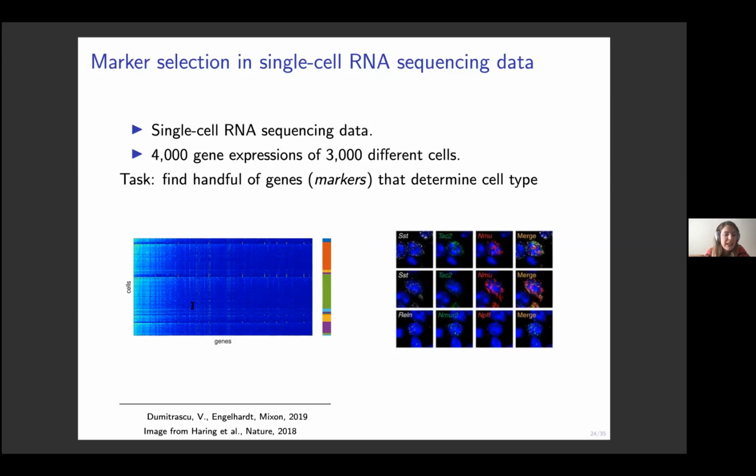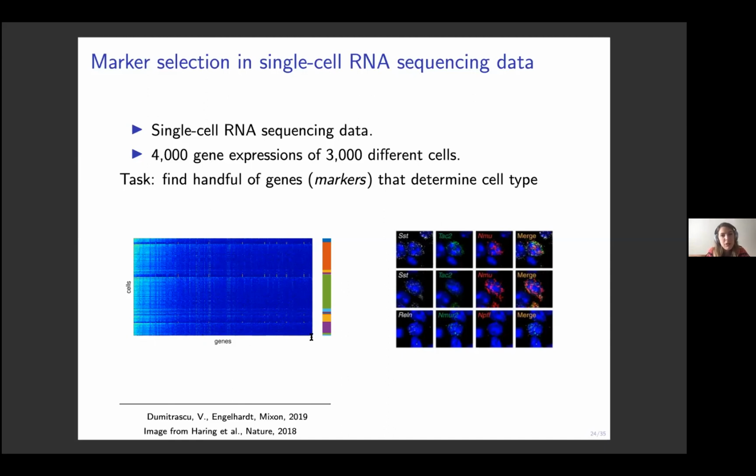Finding the markers that determine the cell type means looking for a projection to a small dimensional space, where you know that the projection consists of selecting, say, 20 of the possible 4,000 genes.